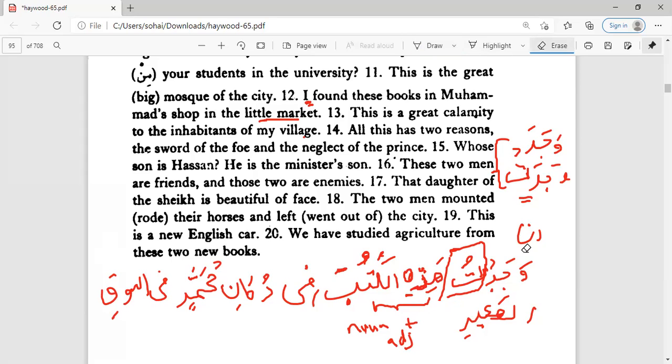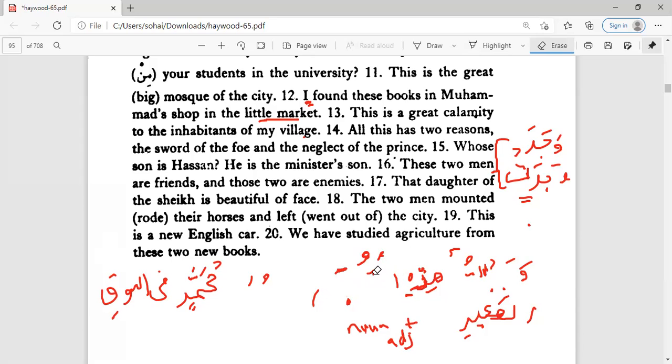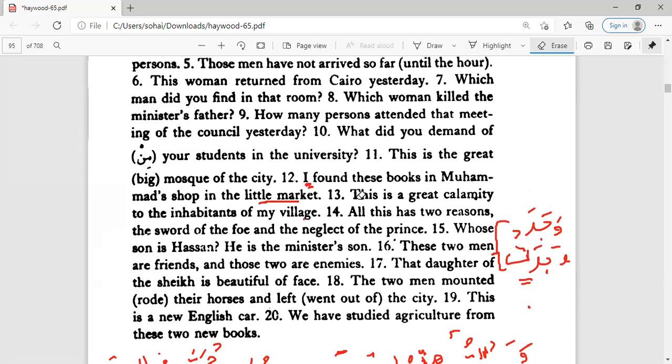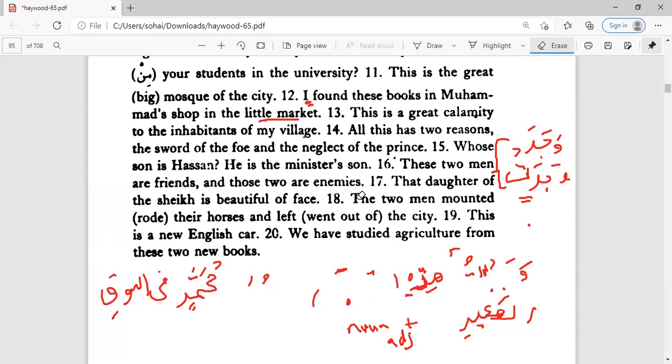Okay, if I go for another sentence here, number 17.